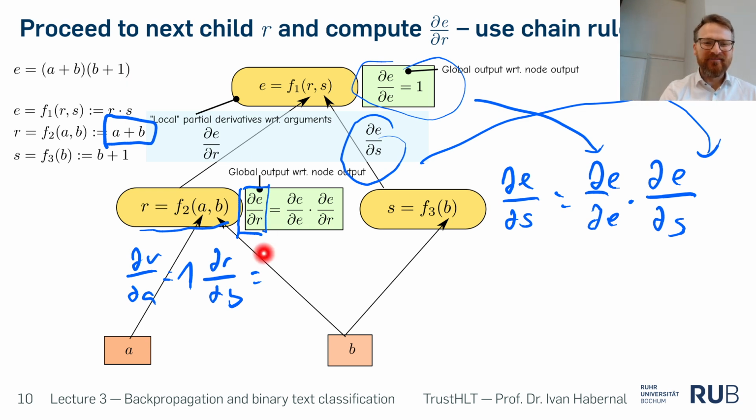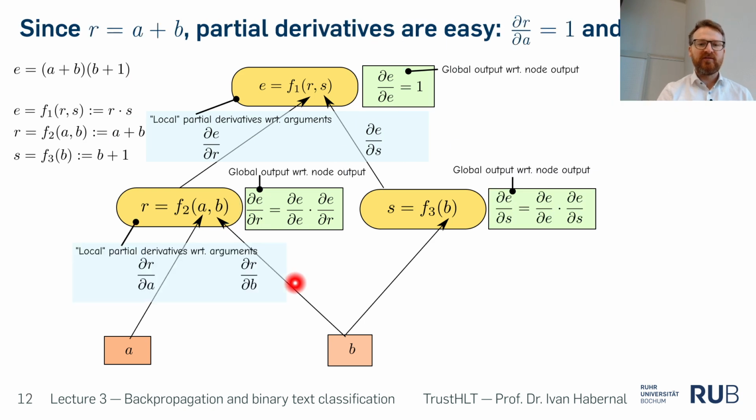The same, sure. Okay, so we have those. Excellent. So now we have the local derivatives, which I'm showing here. This is super easy. And now we're interested in the partial derivative of E, the global thing, E with respect to A. And now we just plug in the chain rule again. So what do you think we're going to multiply together now?